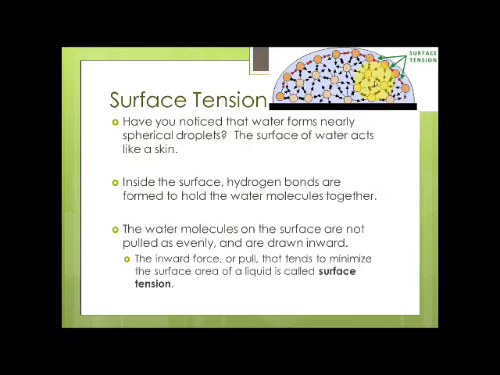But on the outside, the surface, they don't have anything pulling on the top above them. And so they're pulled inward by the other hydrogen bonds. And this inward force is what we call surface tension, because it's reducing the surface area of the water droplet. And because of the surface tension, that's why water forms this way.